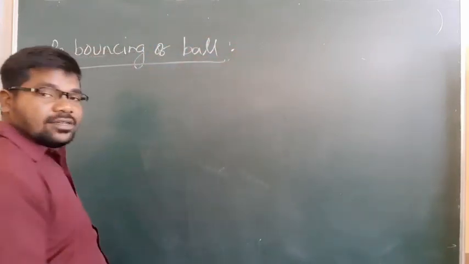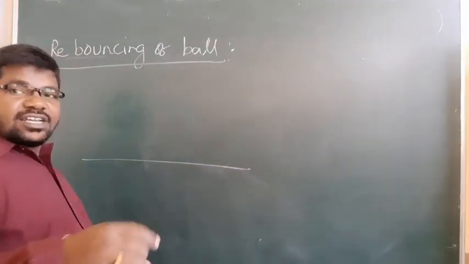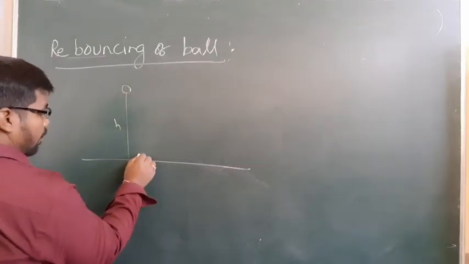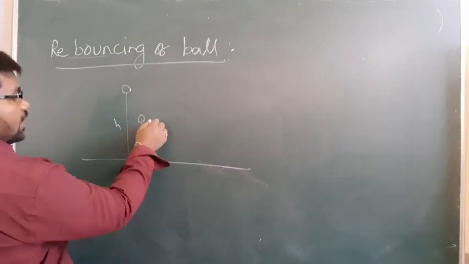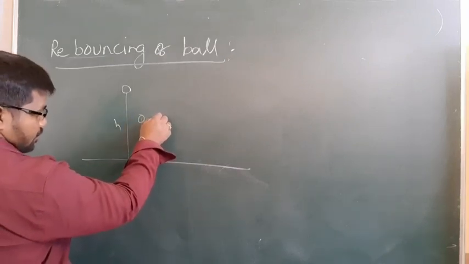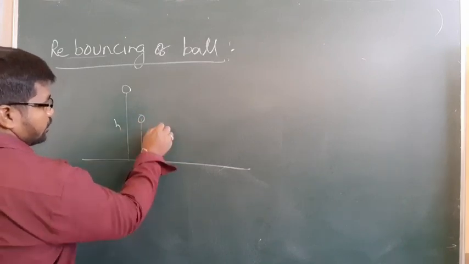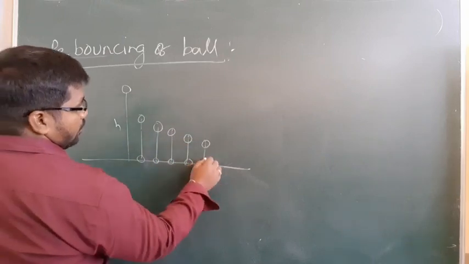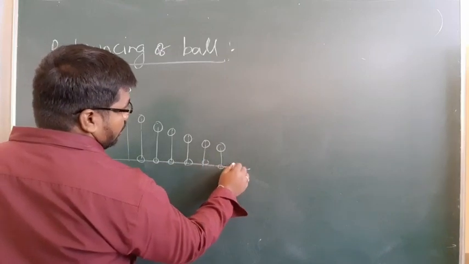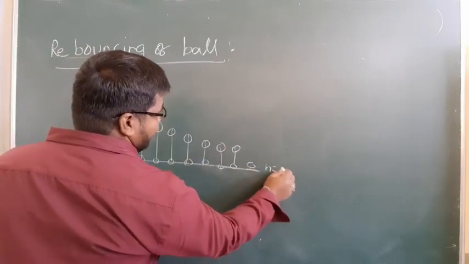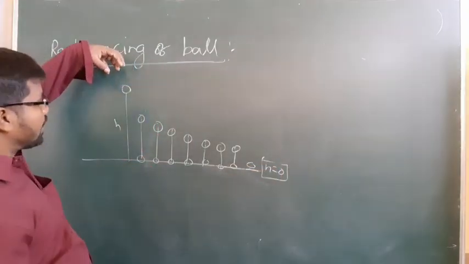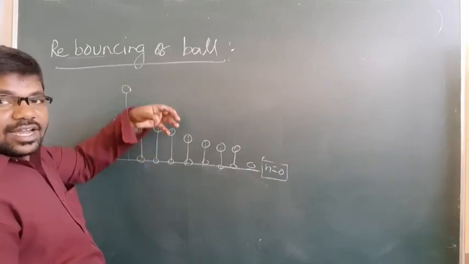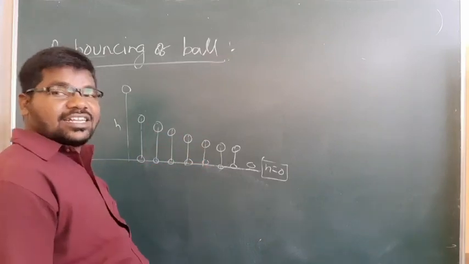Rebouncing of a ball, my children. Consider a ball dropped from some height h. It rebounds, then falls again and bounces up, continuously, and finally the height becomes 0. Understand? If a ball is dropped from some height, it rebounds, falls, and rebounds again, continuously like that.